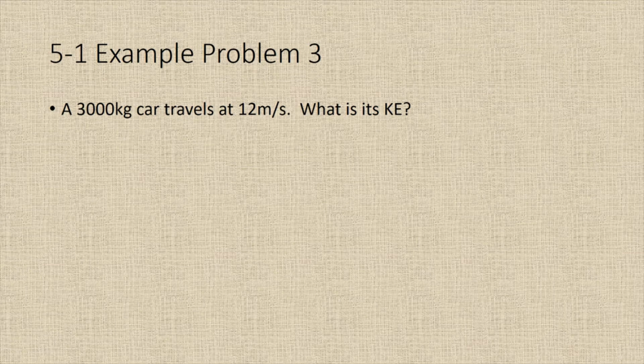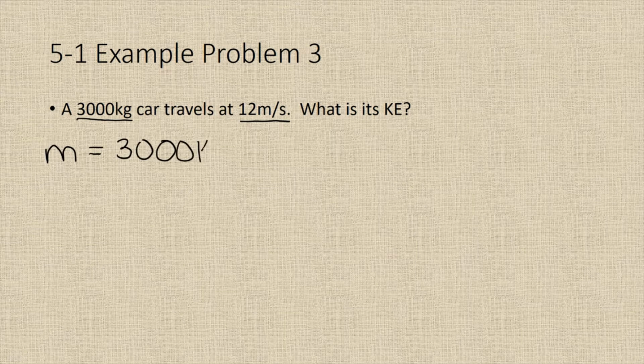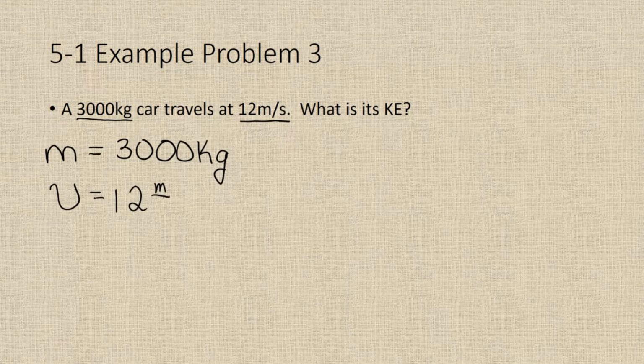As always, state our givens. 3,000 kilograms, that is the mass of the car. 12 meters per second is its velocity. So we're just going to mark those down, 3,000 kilograms and a velocity of 12 meters per second. And that's all we need to get the kinetic energy.